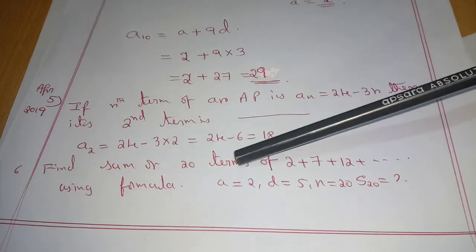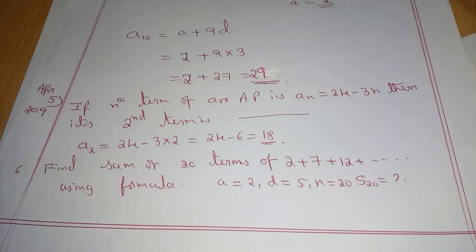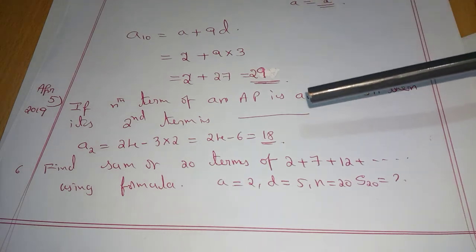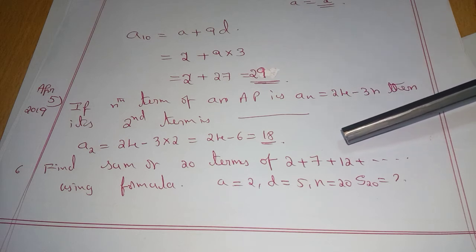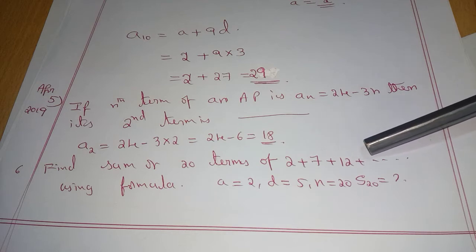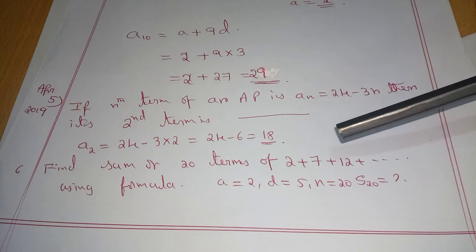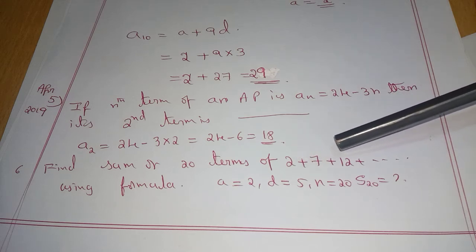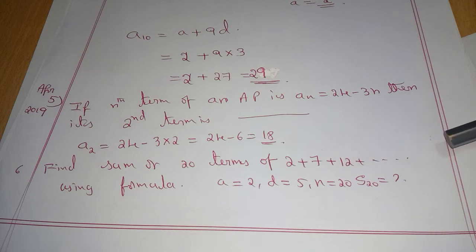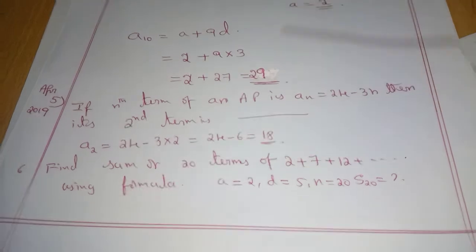Find the sum of 20 terms of 2 plus 7 plus 12 plus so on, using the formula.